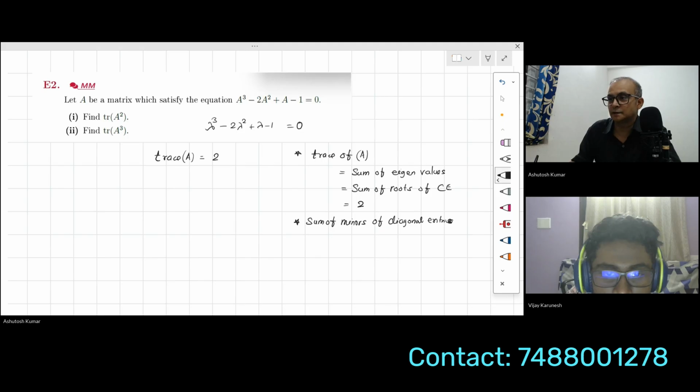Is given by what? The coefficient of lambda, sir. So that is going to be 1. And the determinant is given by the negative of the constant coefficient, so the determinant is going to be 1, correct? Yes, sir. So once we know this whole thing, can we do something better to find it out?